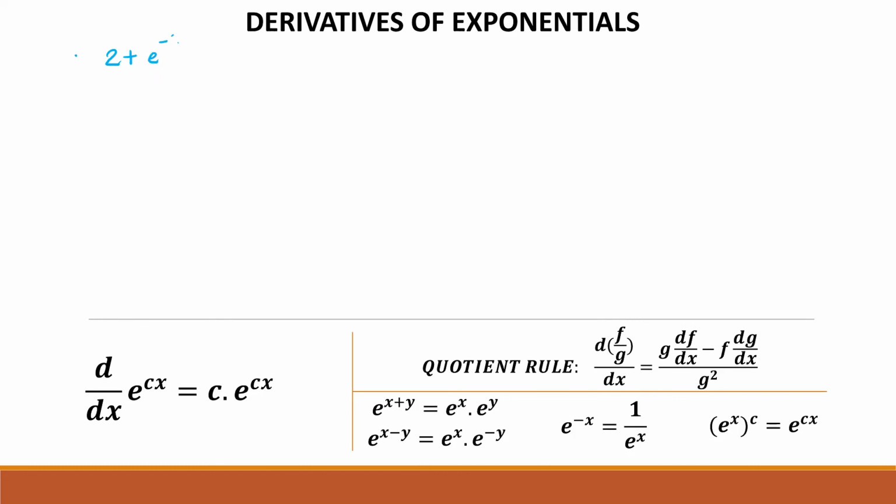Another example, let's say we have the term 2 plus e to the power minus 2x divided by e to the power 3x, and we are to find the derivative with respect to x.